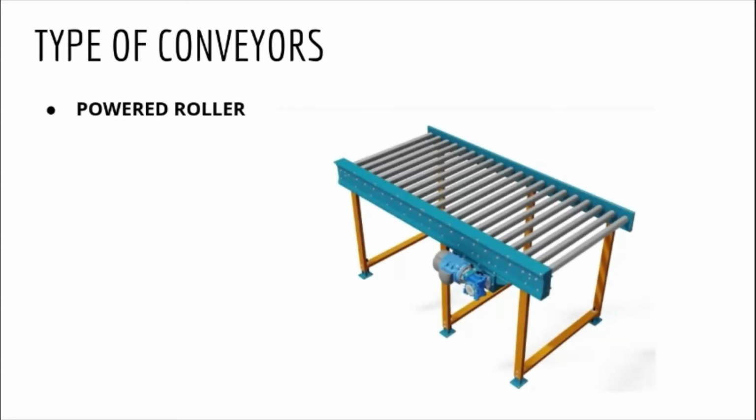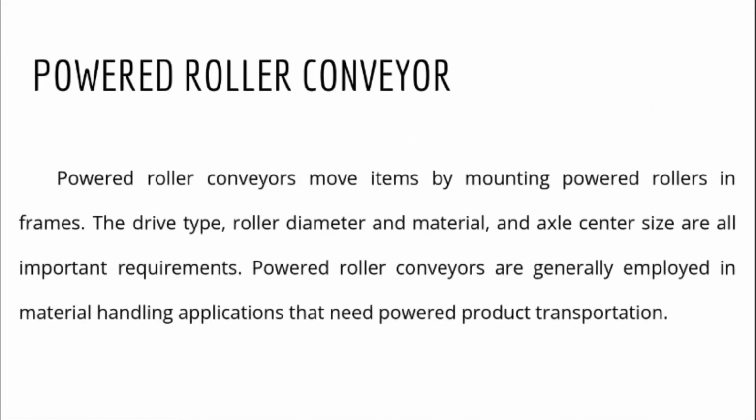Types of conveyors. First, we have powered roller conveyors. Powered roller conveyors move items by mounting powered rollers in frames. The drive type, roller diameter and material, and axle center size are all important requirements.